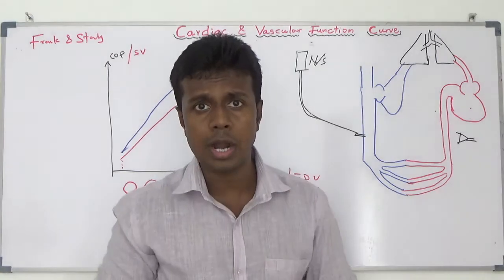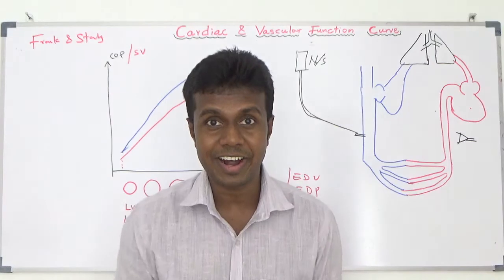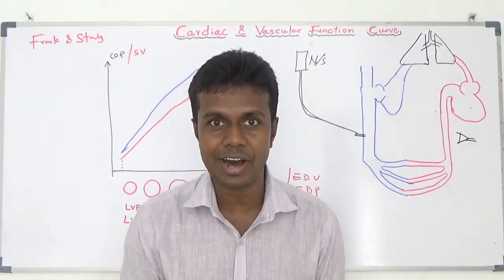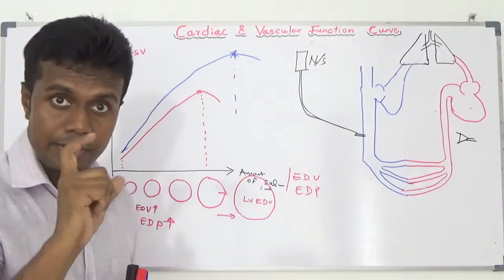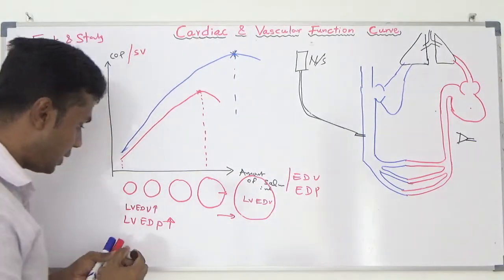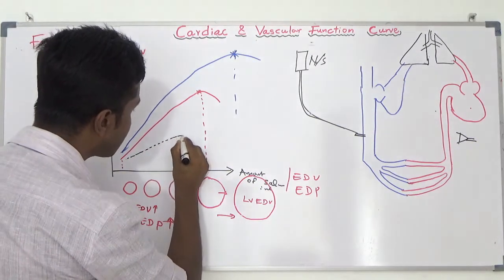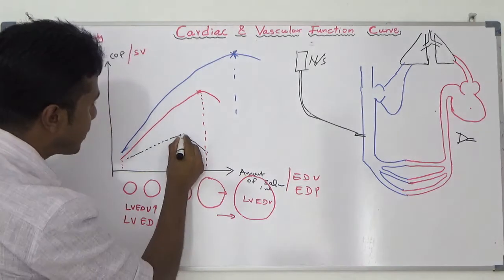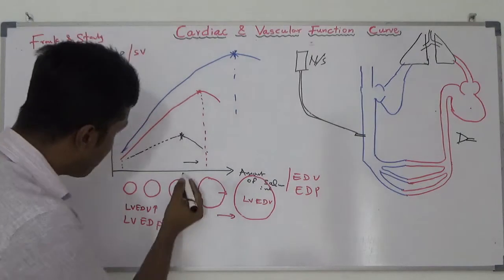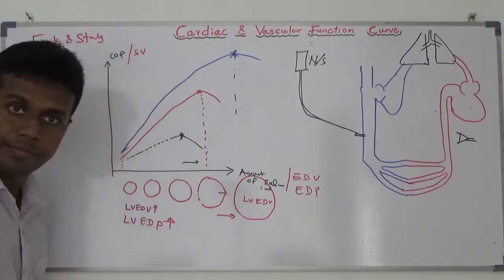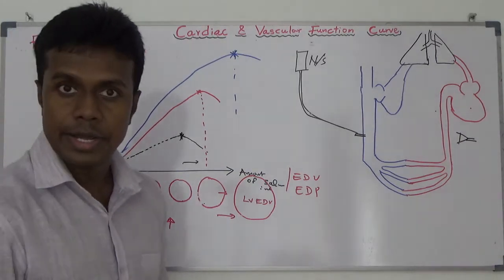If you have a weak heart, if I do the same experiment on my grandfather's heart, he may have a much weaker heart than me. What I would find is that the curve will be like this. From here to here, he can't accommodate. If I give more fluid from here to here, he can't accommodate it.